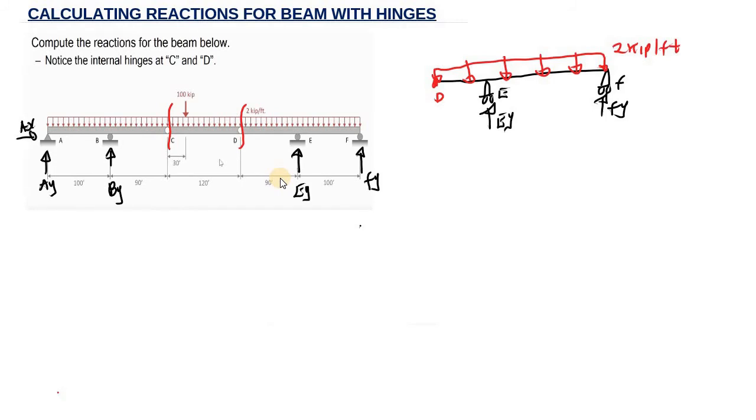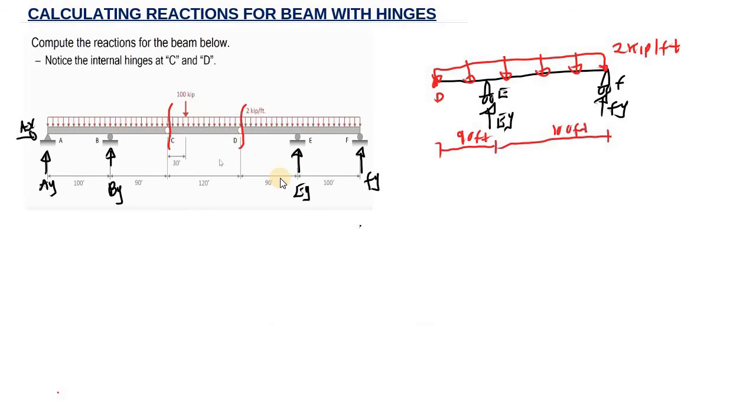Now we know this distance from point D to E is 90 feet, as you can see. Then the distance from point E to point F is 100 feet.